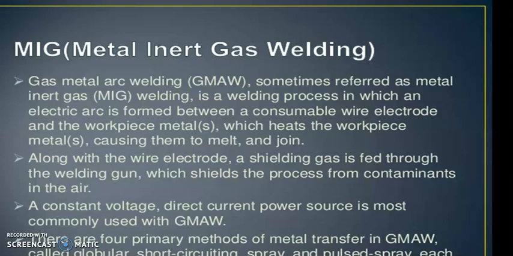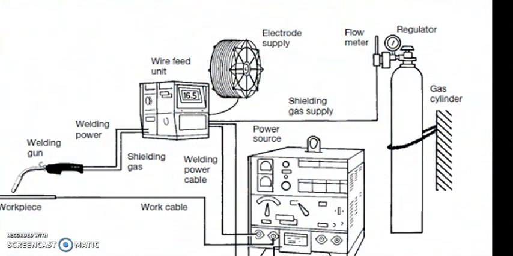But in the case of MIG welding, the electrode we are using is a consumable one. So here in this slide, we have a simplified line diagram of a MIG welding set.